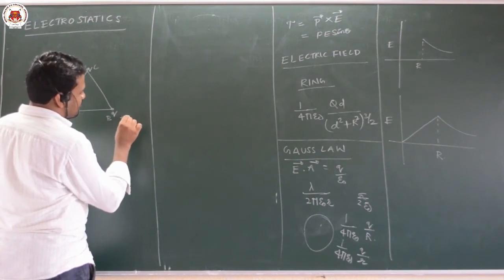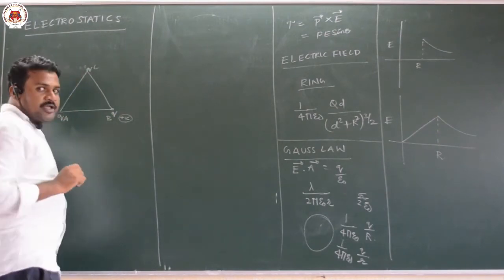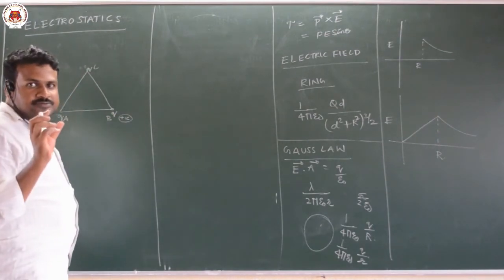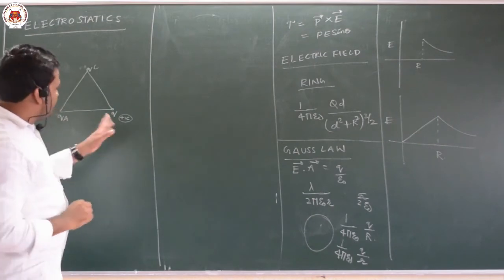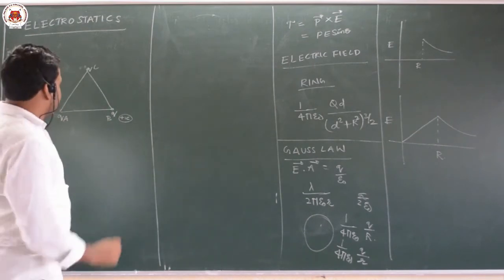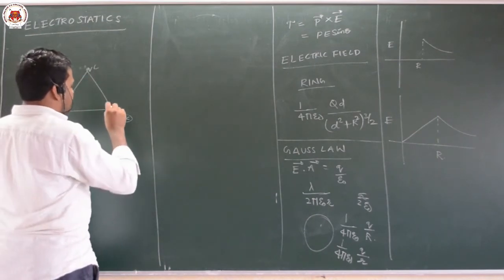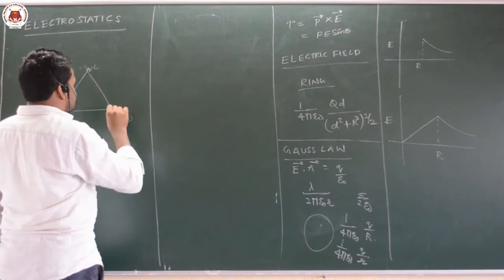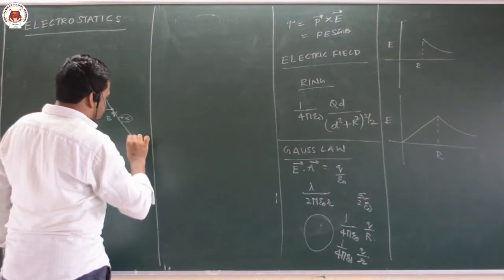You have to place the unit positive charge first. Every time you have to always be ready with a unit positive charge. Then this positive charge will repel this unit positive charge, in this direction.